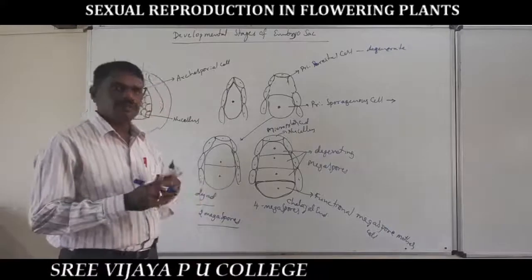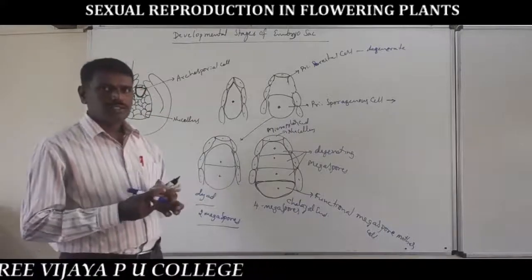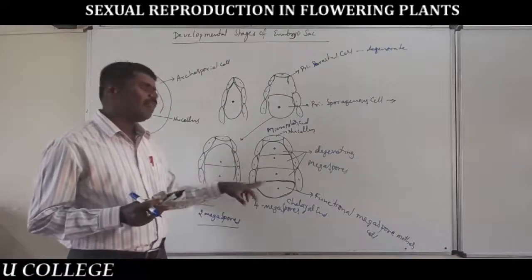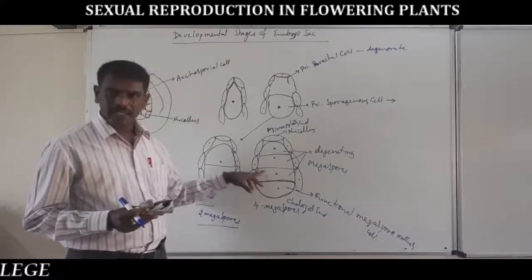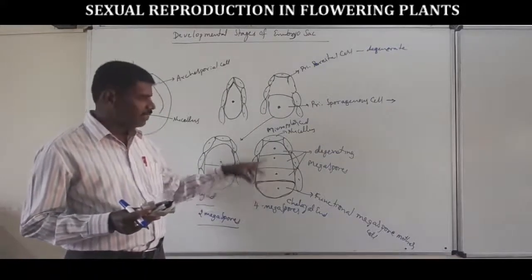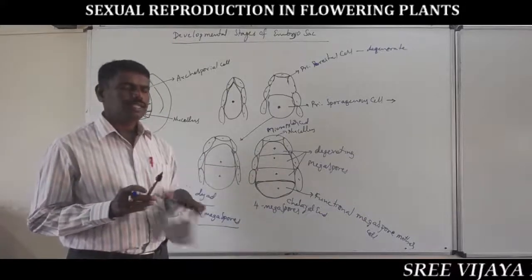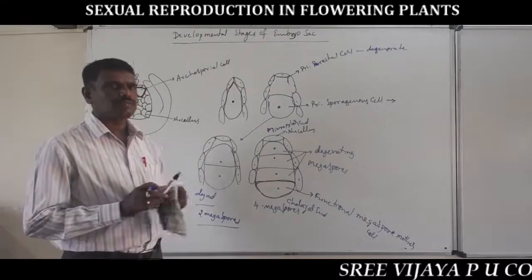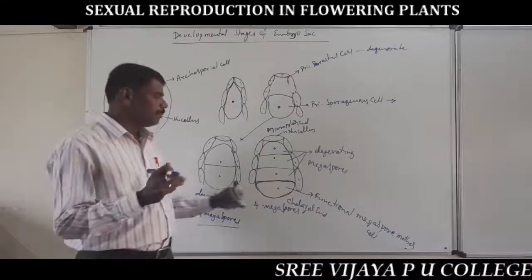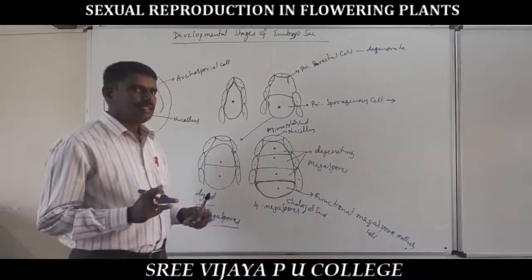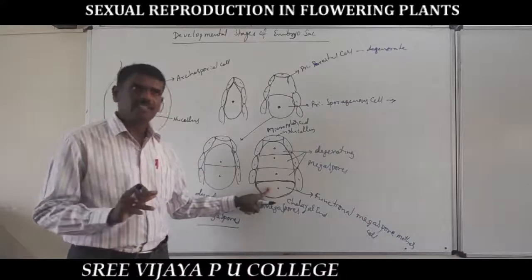So here, based on the megaspores which are produced by either a single cell, two cells, or all 4 cells. In most angiospermic plants, the development of the embryo sac is donated by a single cell.